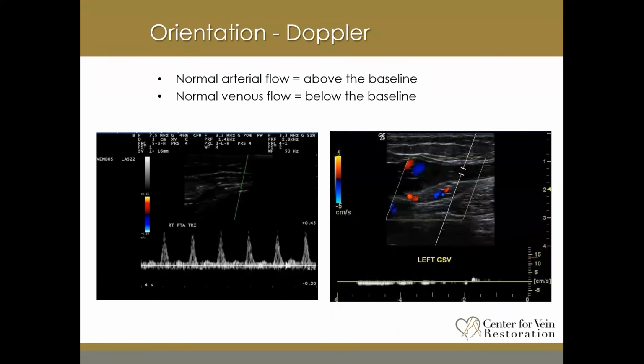It's not away from the transducer. With our images, we always try and orient the signal that we're receiving so that arterial signals are demonstrated above the baseline, which is this line here, and venous signals are demonstrated below the baseline, which is the yellow line you see.